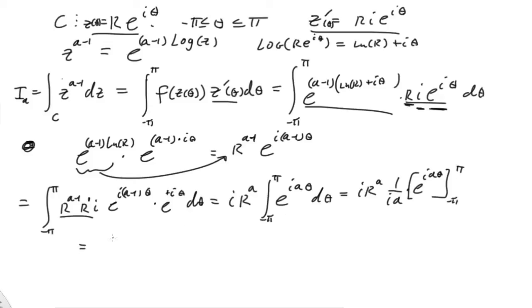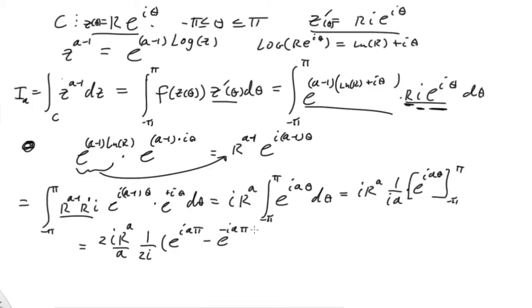So we can write this down as i r to the a all over a. I'm going to keep that i around for a second. I'm going to multiply a 2 there and a 2 down there, and note that this is e to the i a pi minus e to the negative i a pi.